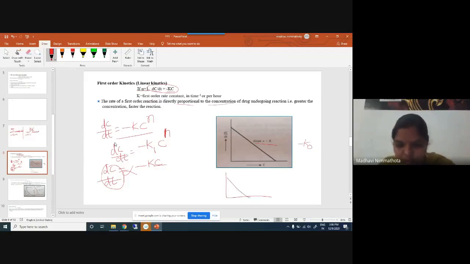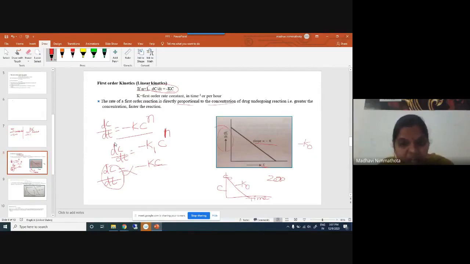And one more important thing, in case of zero order, you will get a graph like this when you plot time versus concentration. Here there is an initial plasma drug concentration, and you will get a slope of minus k naught. And in case of first order, the relationship will be between the plasma drug concentration and the rate of reaction. Why?